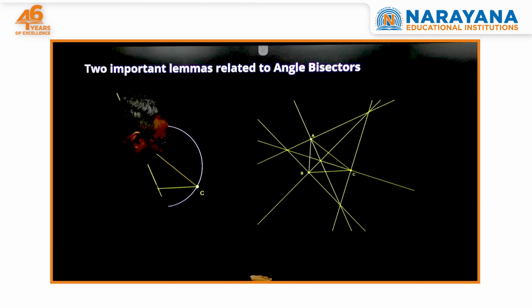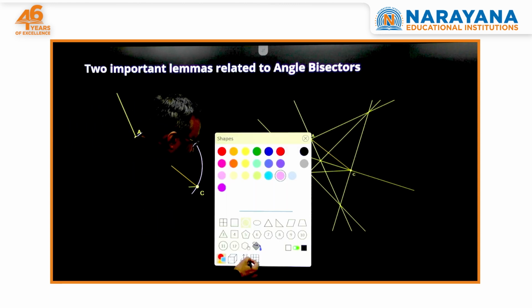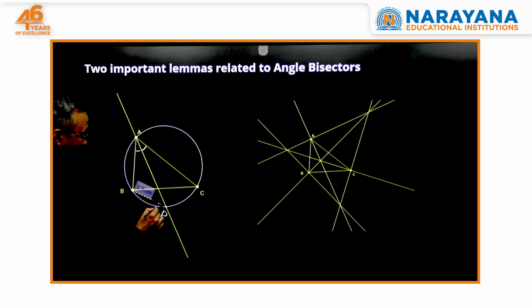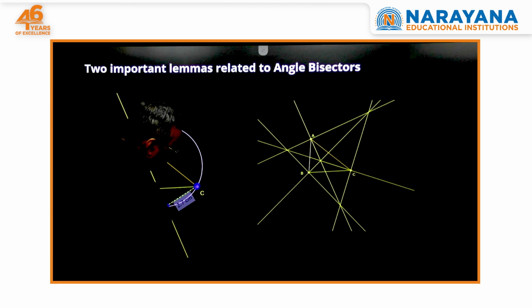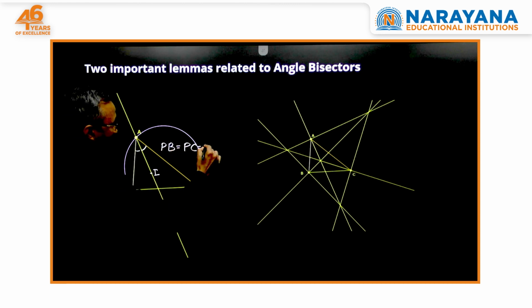So if the internal angle bisector of angle A meets the circumcircle of the triangle at a point P, then we make a statement loud and clear that PB is equal to PC. Essentially it is also equal to PI if we intend to use I. So PB is equal to PC is equal to PI.